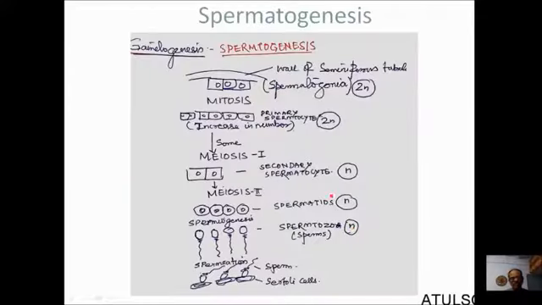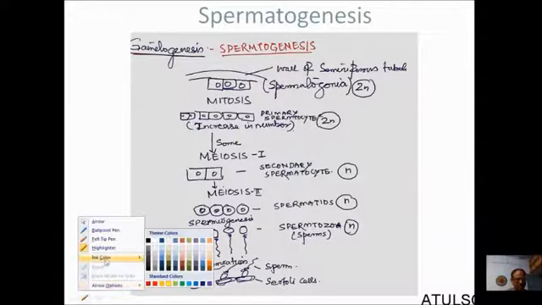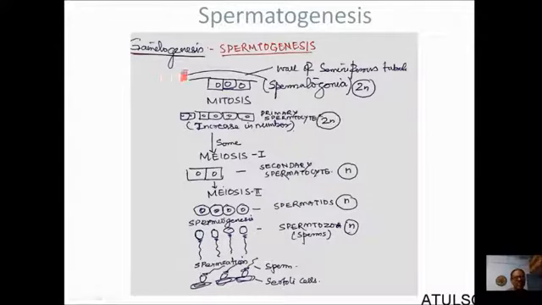So starting with spermatogenesis, as we have already discussed in the earlier lecture, spermatogenesis takes place in the seminiferous tubule, and the special arrangement in the testis is involved in the formation of sperm. In this part, we'll study how the process takes place.